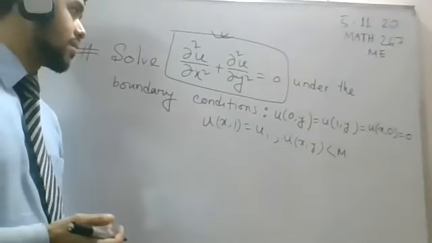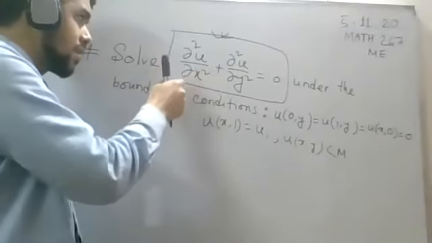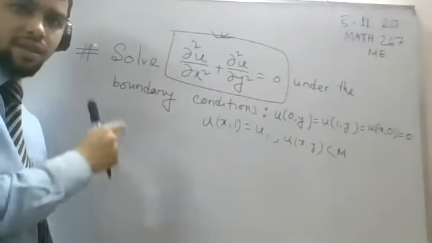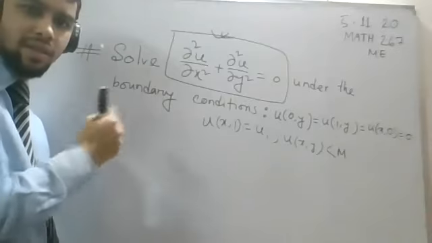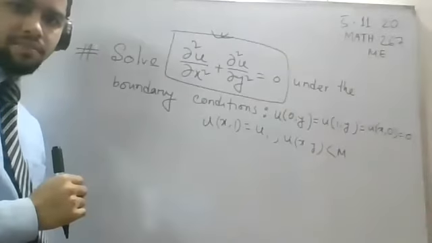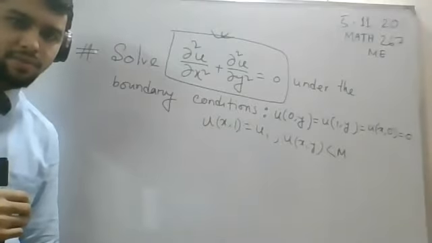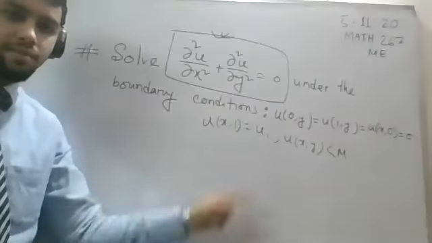So the condition for a harmonic function is del square u by del x square plus del square u by del y square equals 0. What do we exactly call this, and what does it mean? Analytic. Okay.